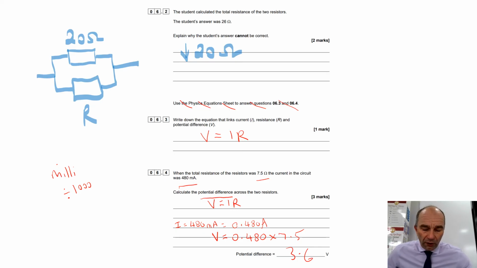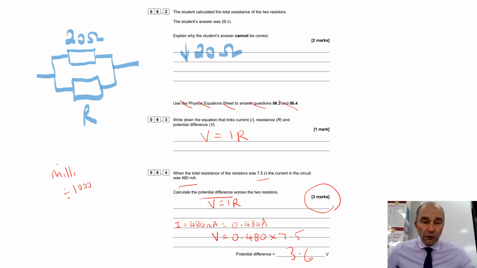Now, you need to get a bit savvy about this. This is worth 3 marks. Bearing in mind, we're just calculating V, so it's just V equals I multiplied by R. The fact that they're giving you 3 marks means there's got to be a catch somewhere, and in this case, it's that conversion. So be suspicious if they're being very generous with the marks.